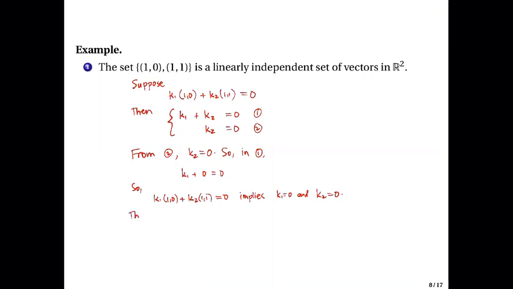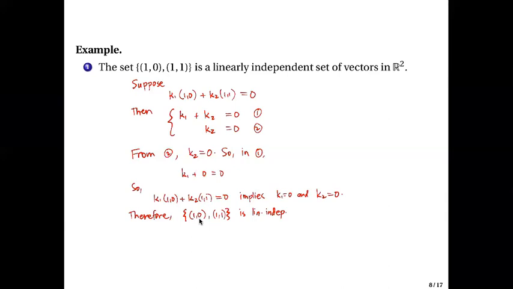Therefore, the set (1, 0) and (1, 1) is linearly independent.